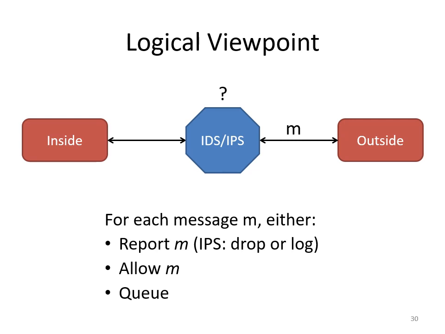What you want to do with this box is pretty much the same thing that a firewall did, which is either report that there's some anomalous message here, if that's an IDS. If it's an IPS, you might drop the packet or log that there was a suspicious packet. You can allow the packet to go through, or again, you can queue the packet for further processing. So, pretty much the same set of things we saw before.